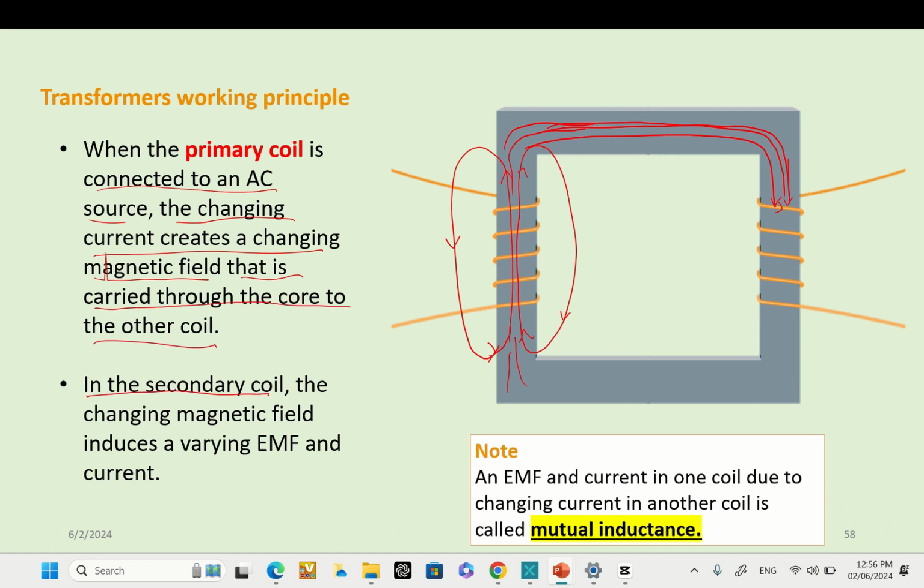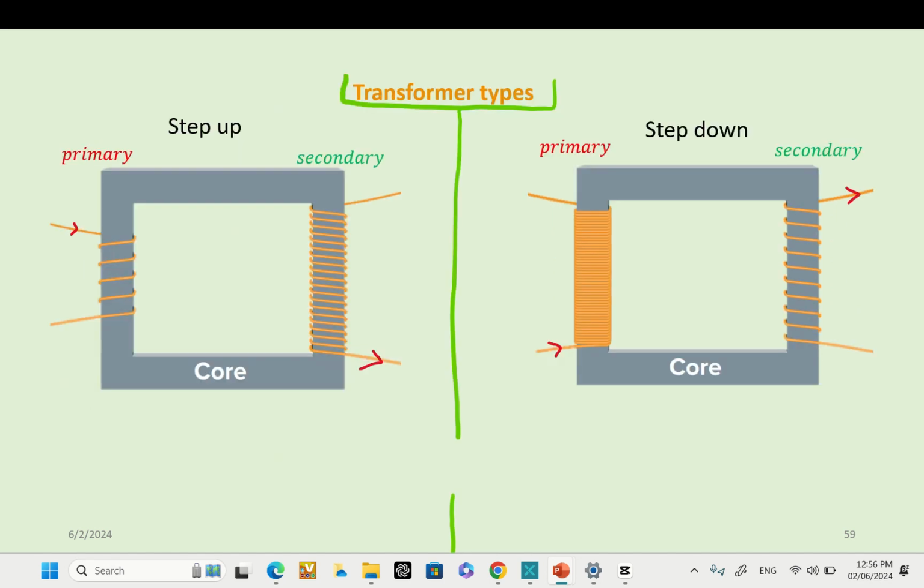In the secondary coil, the changing magnetic field will induce a varying EMF and current. An EMF and current in one coil due to the changing current in another coil is called the mutual inductance. So here we have a mutual inductance between the two coils, the primary and the secondary.